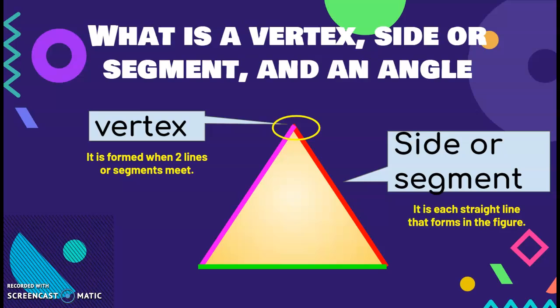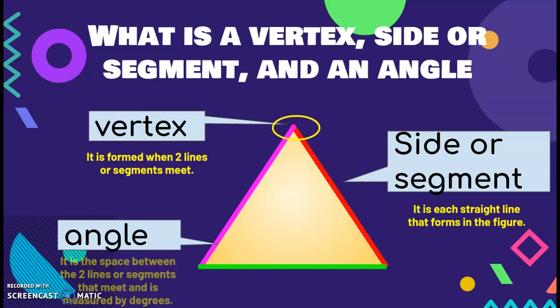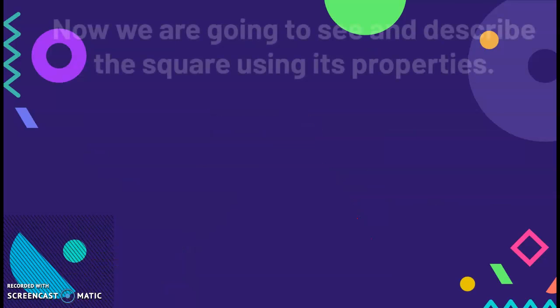That is a vertex. There are three vertices. If it's more than one vertex, you say vertices. Also an angle. It is the space inside the two lines or segments that meet, and it is measured by degrees. For example, there are 3 angles inside of a triangle.